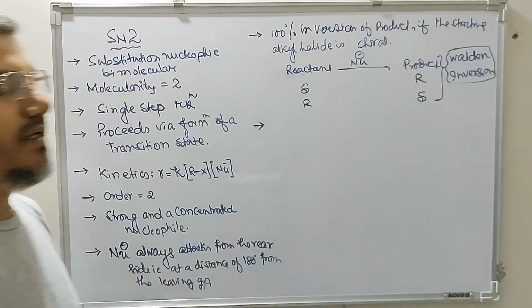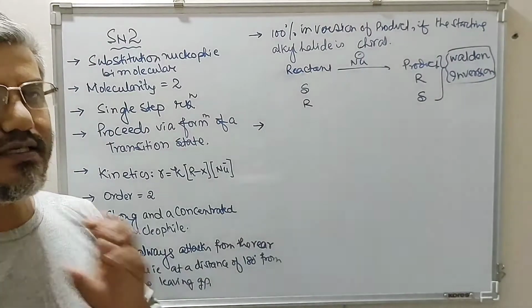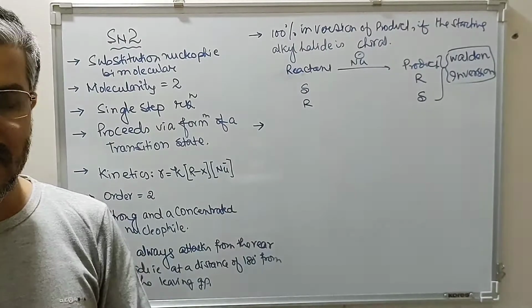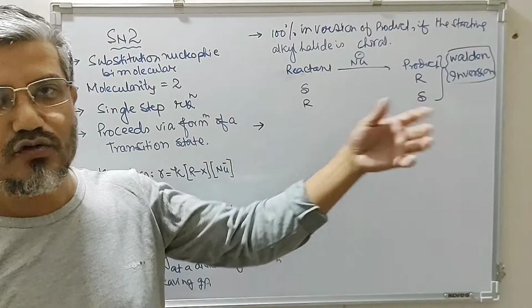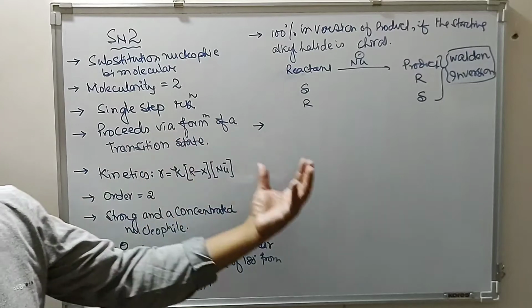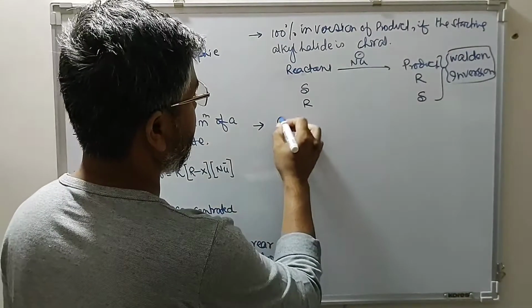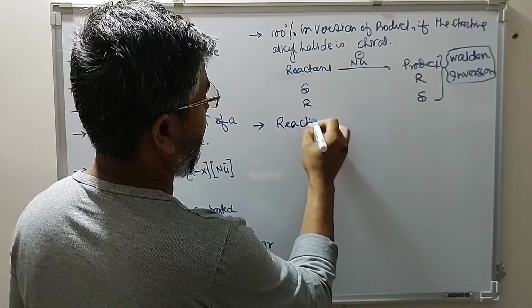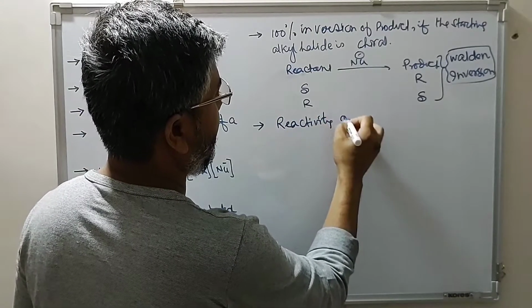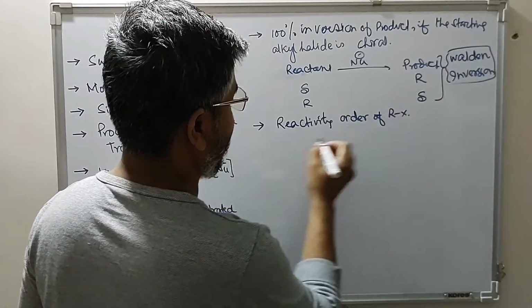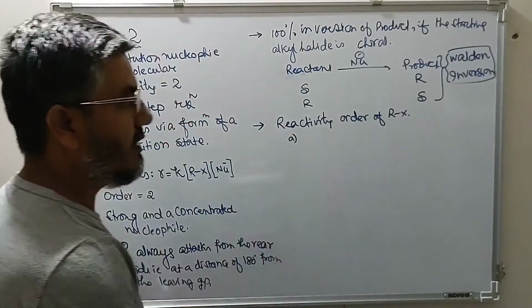Now we have alkyl halides. These alkyl halides may be of different types, primary, secondary or tertiary, and may be alkyl fluoride, chloride, bromide or iodide. So we have to find the reactivity order of different alkyl halides. Look at this.